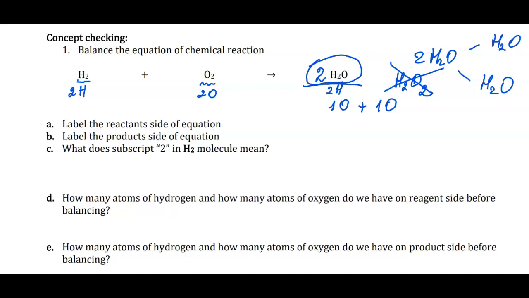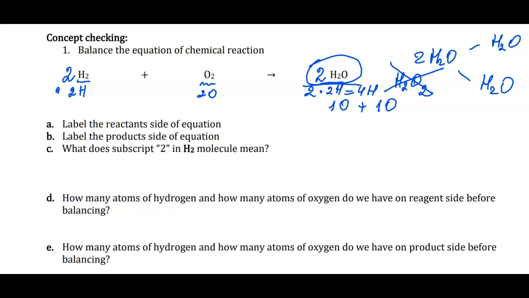So now it's not 2, it's 2 times 2, 4 hydrogen here, right? But still 2 at the left side. But we need it to be 4. That's why I'm adding coefficient 2 in front of hydrogen, right? And recount atoms.